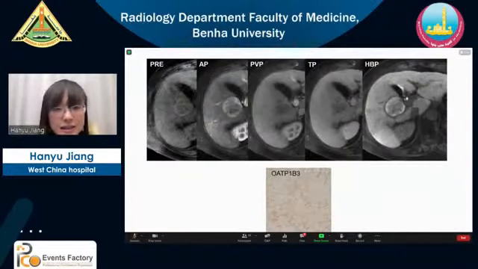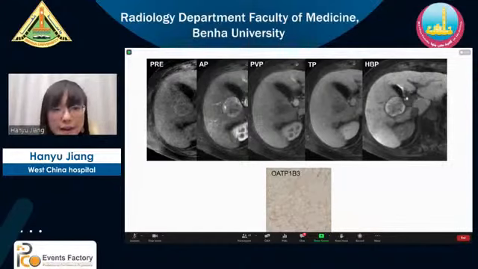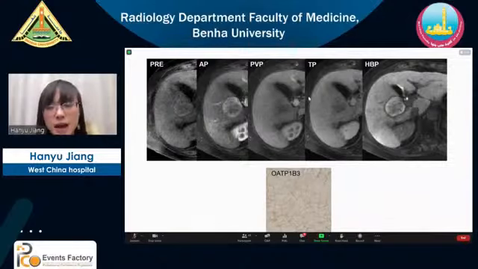These are the contrast-enhanced images of another patient with chronic hepatitis B virus infection. On the pre-contrast images, we can see that the mass is mildly hyperintense. It demonstrates avid APHE on the arterial phase images, mild washout on portovenous phase images, hypointensity in the transitional phase, and hyperintensity on the HBP phase.